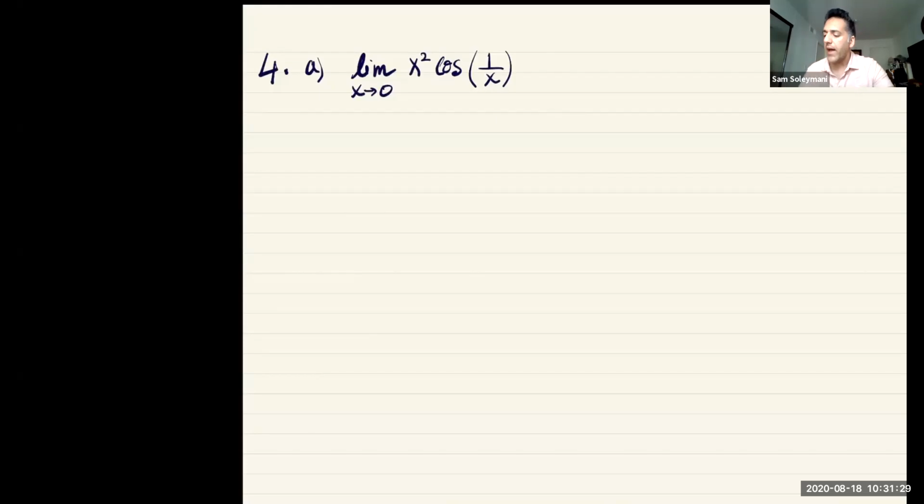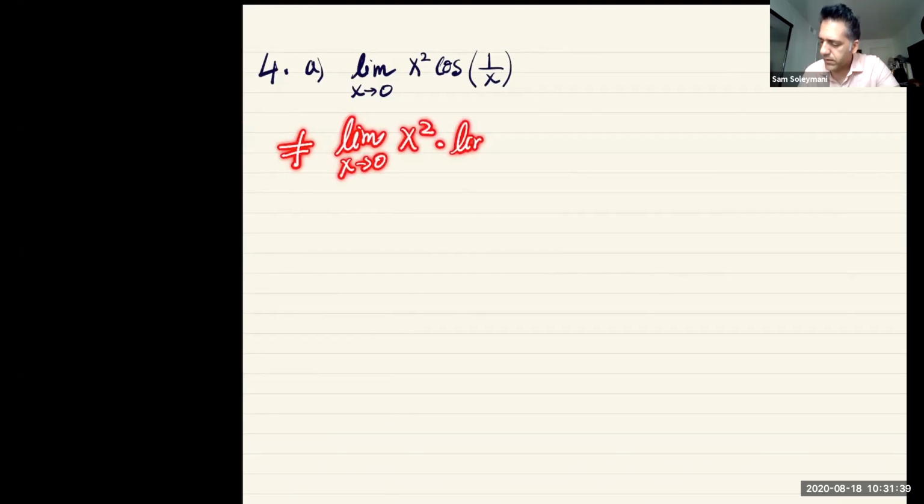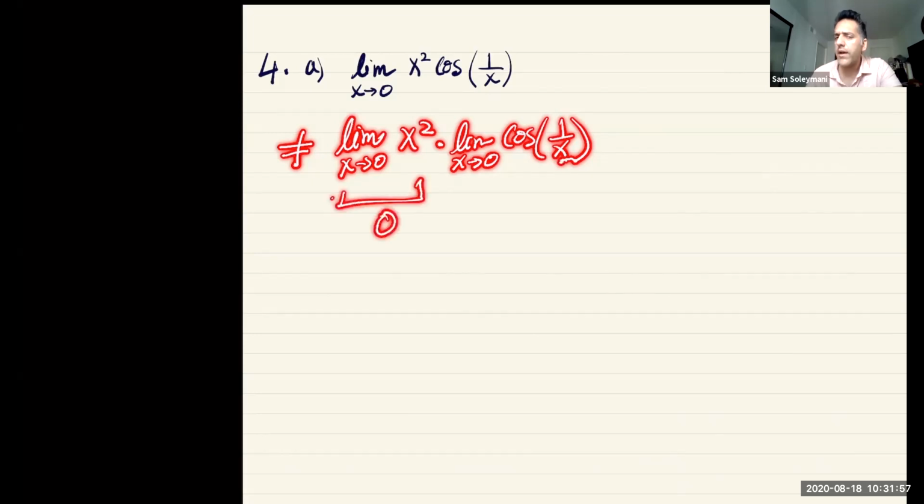Remember, I mentioned that. I can't say that this is the limit of x squared times the limit of cosine of 1 over x. I can't use this property because the limit of a product property says that the limits should exist. Sure, this thing is 0, right? But this thing does not exist.